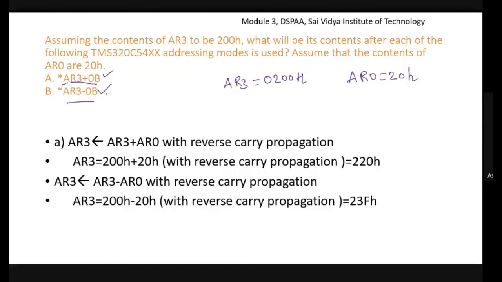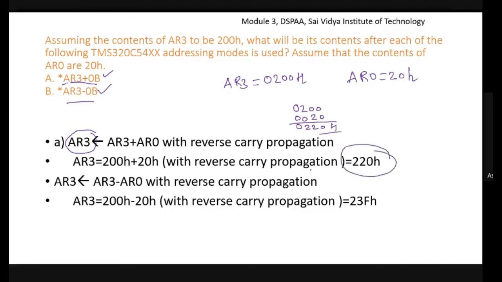After execution of this instruction, the updated AR3 value is equal to AR3 plus the AR0 content. So 0200 hexadecimal will be added with 20 hexadecimal. Then I'll have 220 hexadecimal with reverse carry propagation.